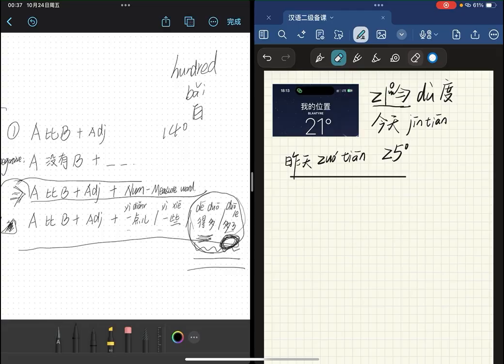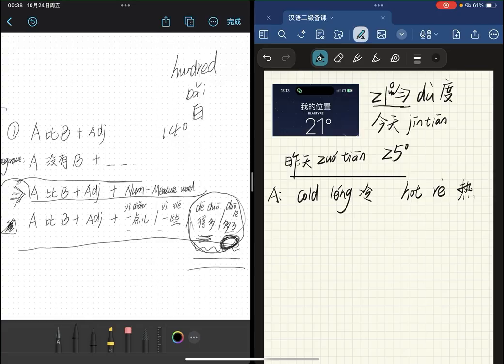To compare the weather we use the adjectives cold, 冷, or hot, 热. Now we can compare today's temperature and yesterday's temperature.